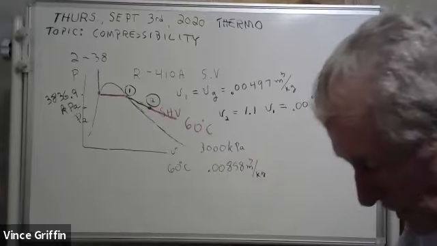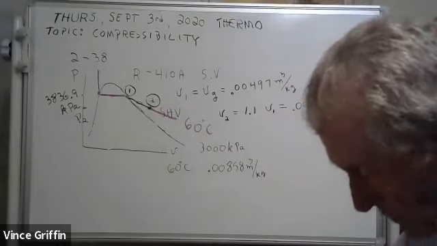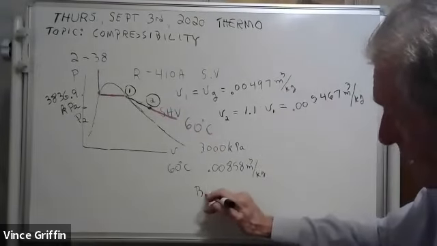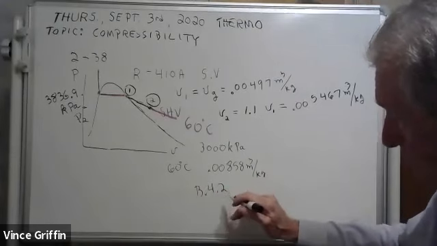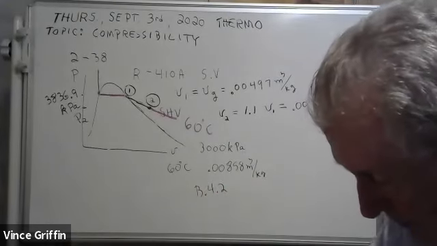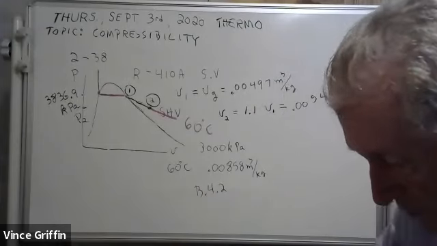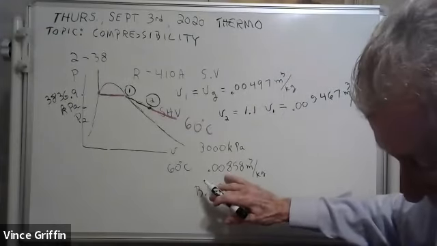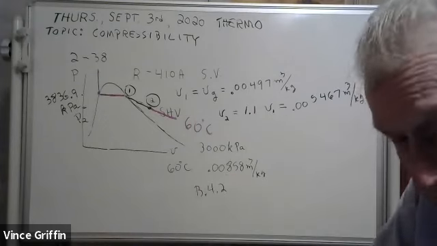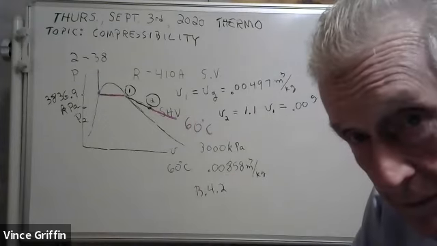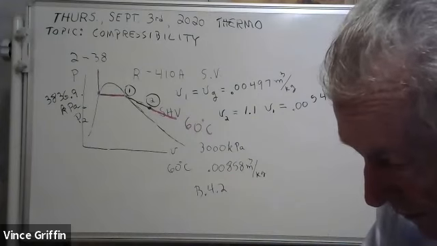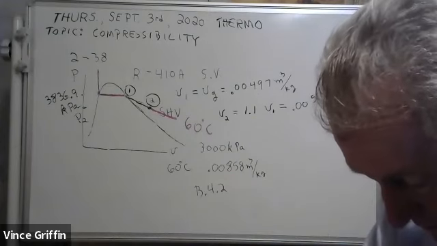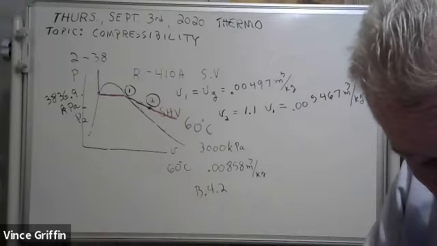Now I got that on table B.4.2. And Nicholas, are you able to pull up your table and see if you can find that 0.00858 for me? I need somebody to verify that.